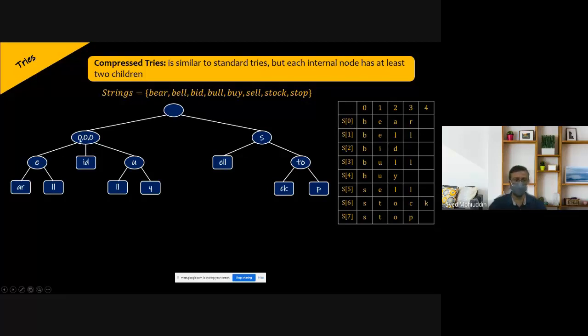Then the second and third parts of the tuple are where the substring starts and ends. B starts from 0 and ends at 0 itself. So we have 0, 0, 0. Remember, the first is the index of the string, and the next two integers are the indices where the substring starts and where it ends.